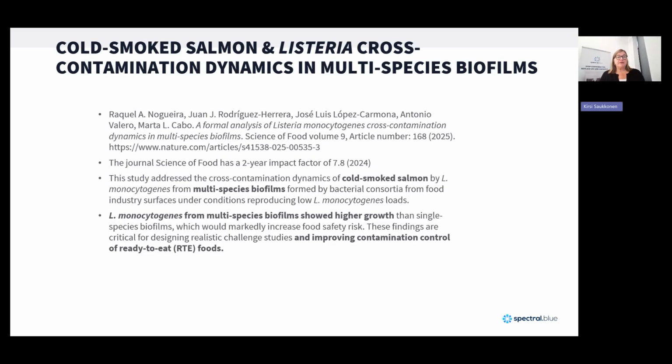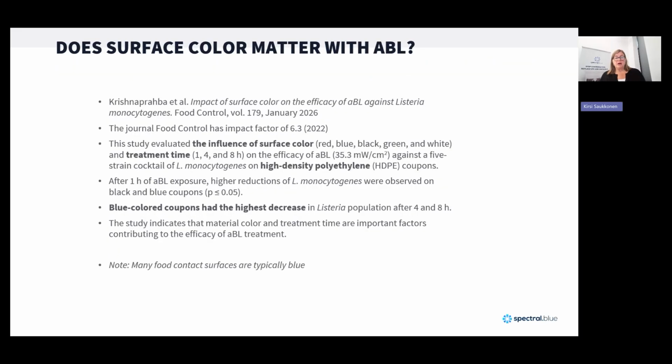And of course, it is very logical that multi-species biofilms showed higher growth than single species biofilms, if we think of food safety. And this is a special critical factor if we think of improving the contamination control of ready-to-eat foods like sushi and so forth.